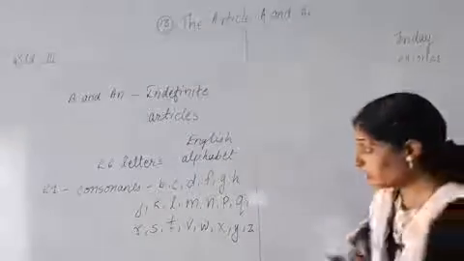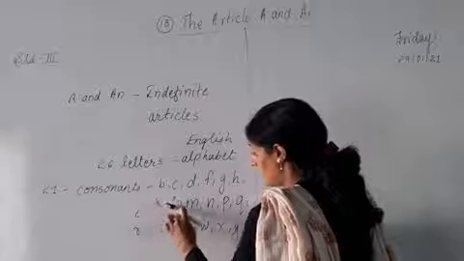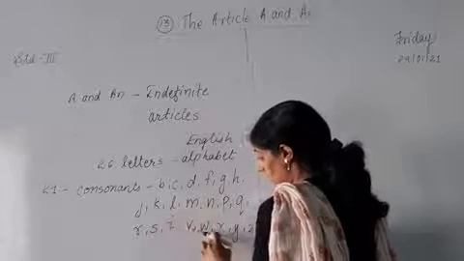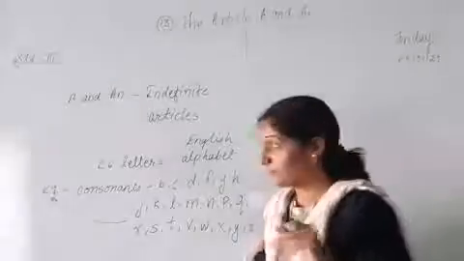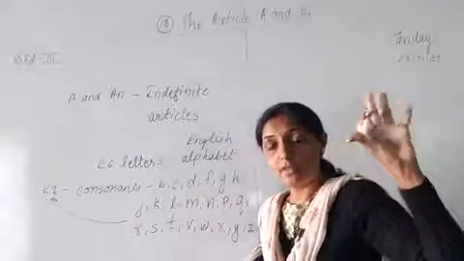Understood? Counting them: 1, 2, 3 up to 21. Total 21 consonants. Now the remaining 5 are vowels, making a total of 26.